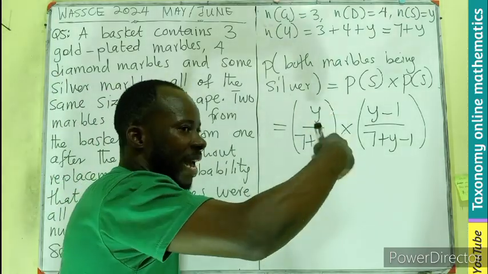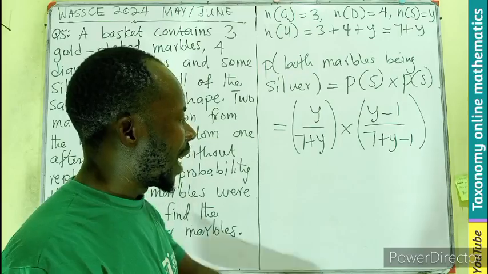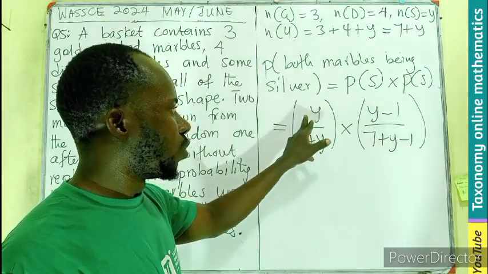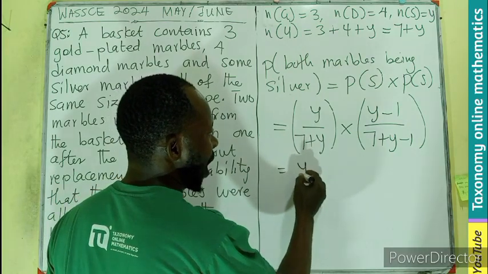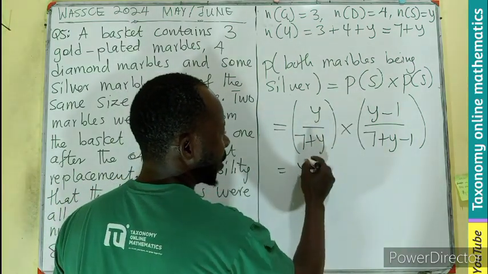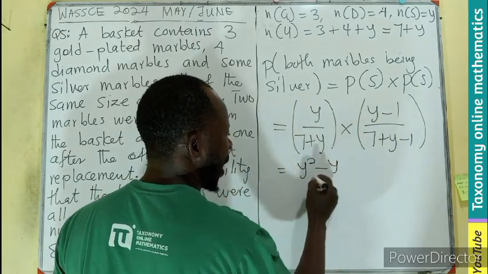Now let's simplify the right side, then equate to the left. Multiply the numerators together to get y times y, y squared, minus y times 1, y.